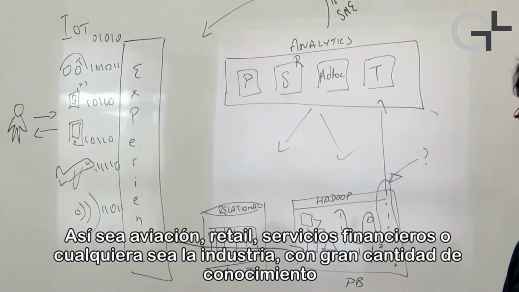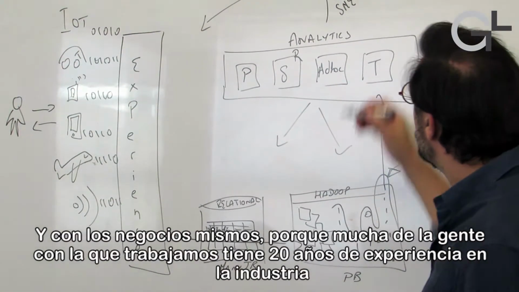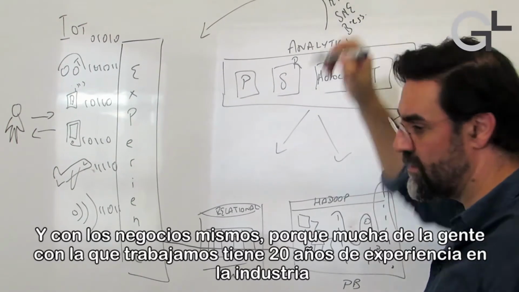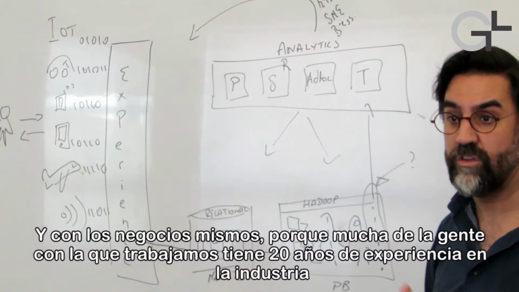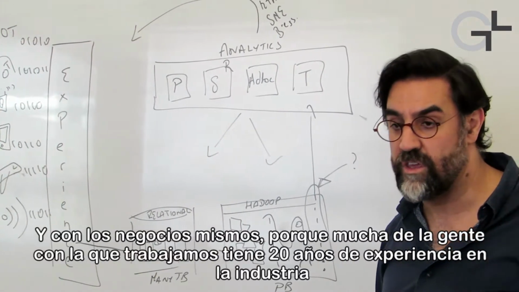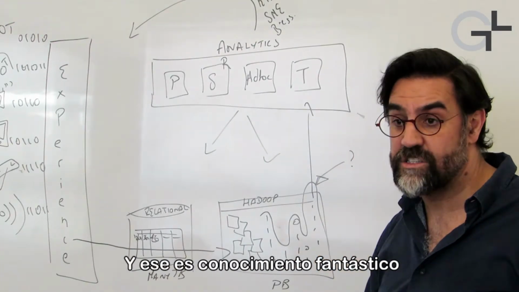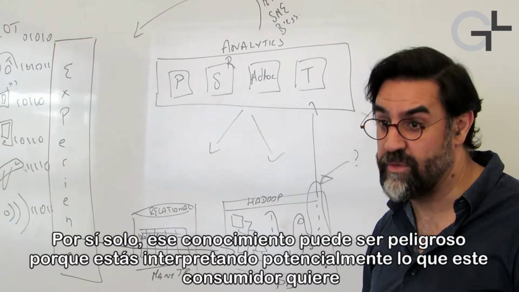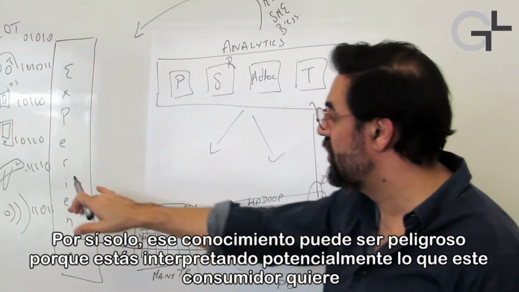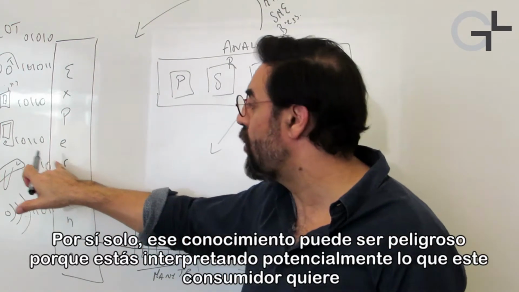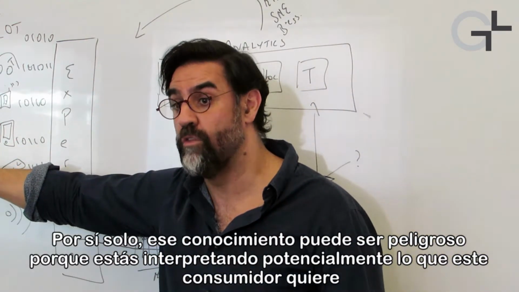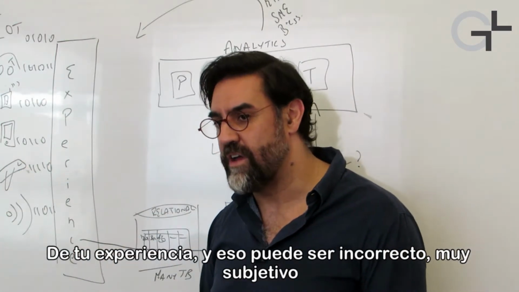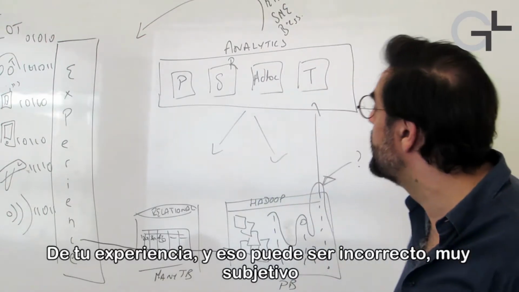There's people with great amount of knowledge, and with the business themselves, because many of the people that we work with have 20 odd years experience in their industry, and that's fantastic knowledge. On its own, that knowledge can be super dangerous because you're interpreting potentially what this customer wants from your experience, and that can be very inaccurate, very subjective.